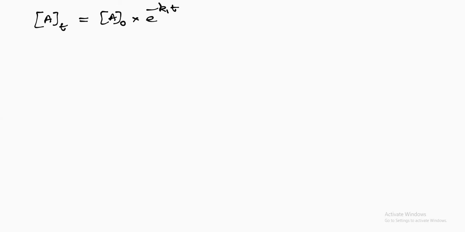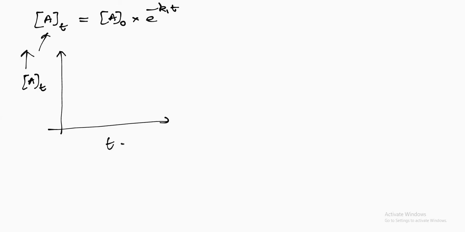Remember this expression. This is the expression that gives you the concentration of the reactant directly. Now I'm going to make a plot. I'm going to plot concentration of A at a time t on the y-axis and time on the x-axis.